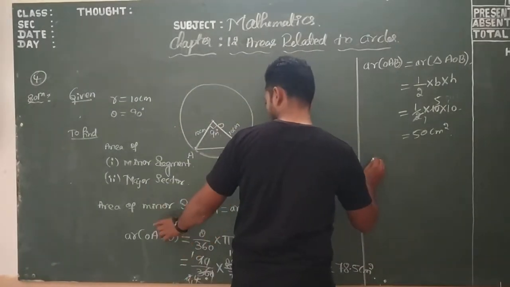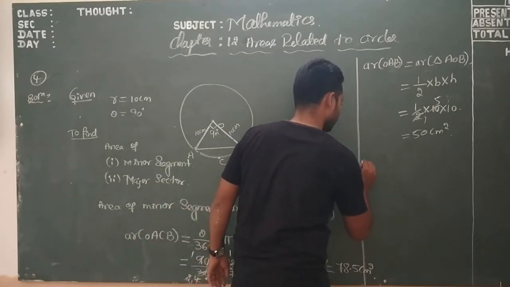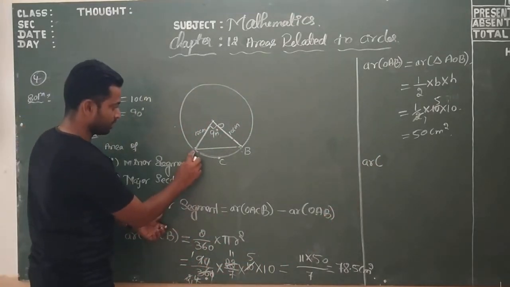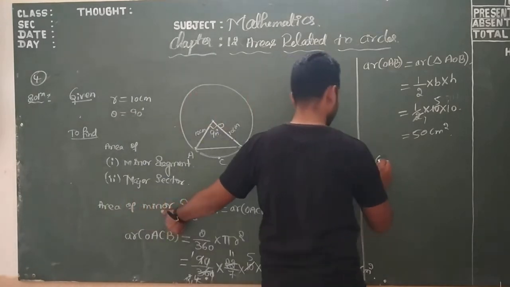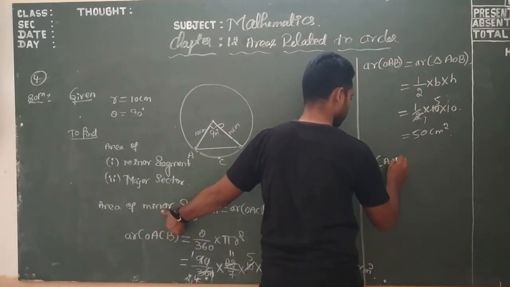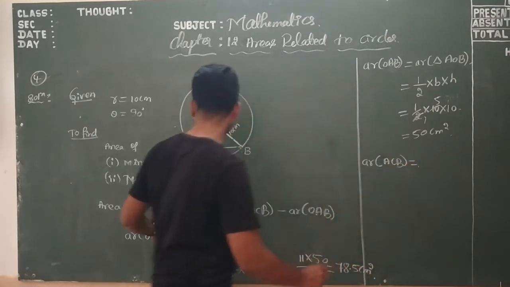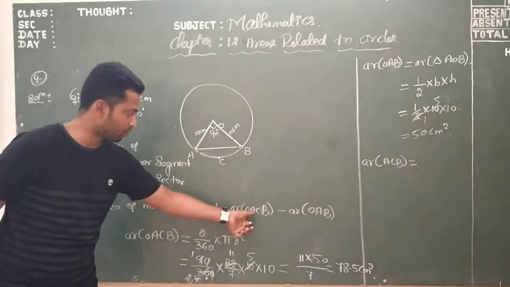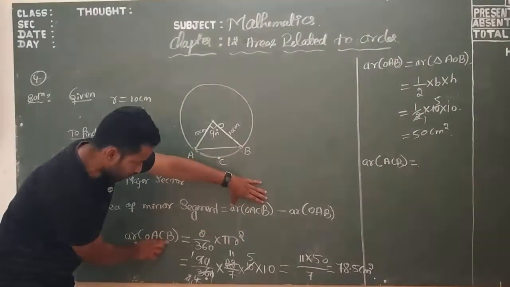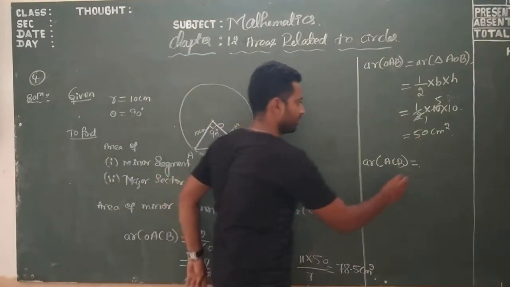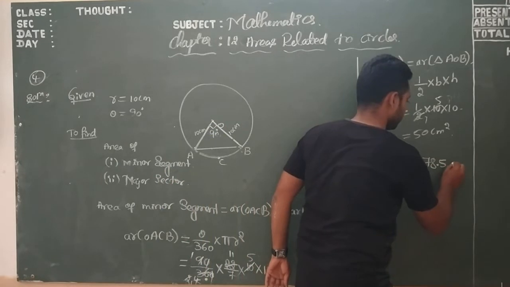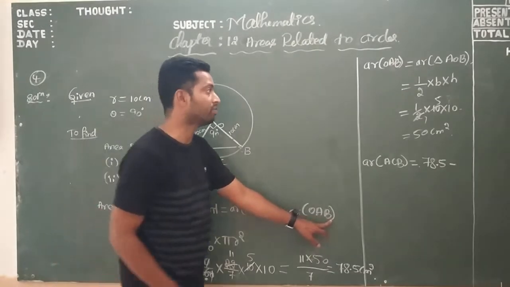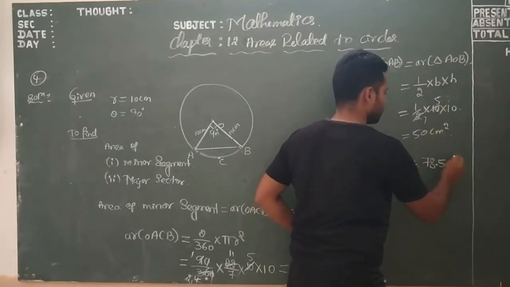The area of minor segment ACB equals the area of OACB, which is 78.5, minus the area of OAB, which is 50.